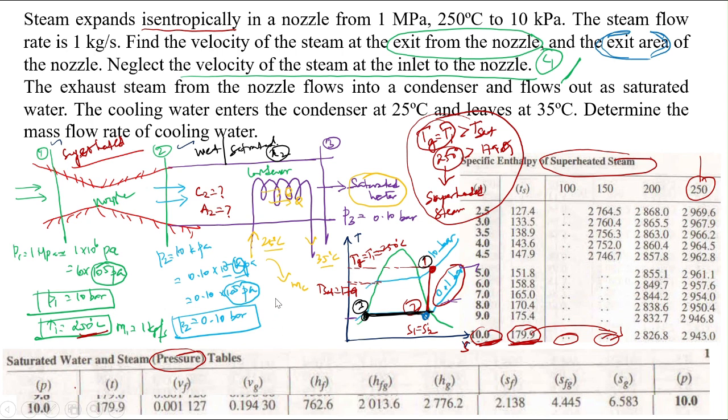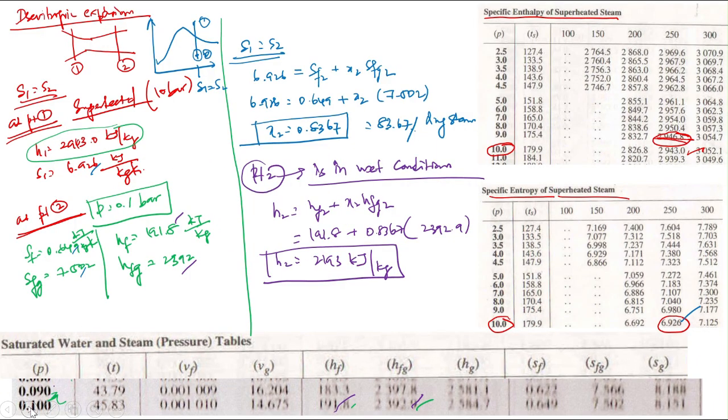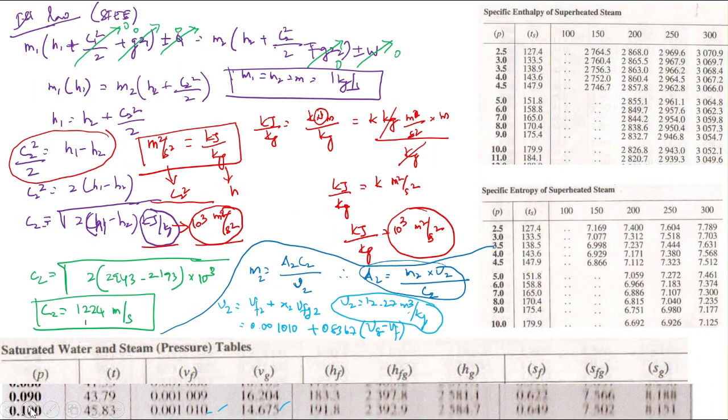Okay. The specific thing in the problem is, first, you have to find whether the steam at the inlet is saturated or superheated. Then second, you have to find the dryness fraction, and then apply SFEE for this problem. An important factor is, don't forget to multiply by 10 to the power 3 for converting kilojoule per kilogram into meter square per second square.